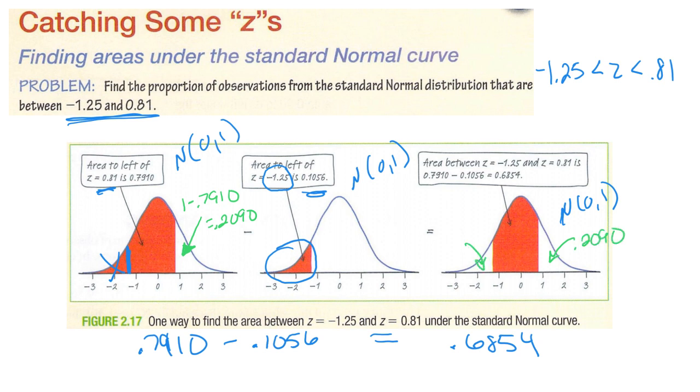I know this side, because I can find it to the left easily, is 0.1056. So I could do an overall 1 minus the two of those added together, which will still give me the same 0.6854. It doesn't really matter how you do it. Okay, you're going to get the same answer either way.